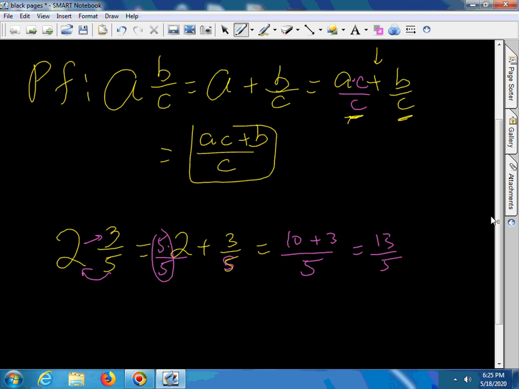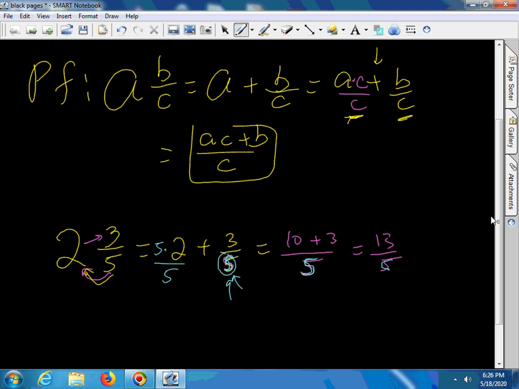But let's look at this a little bit more closely. Whatever number is here stays as the denominator. You have 2 plus 3/5. Now, let me just erase this because of that purple marker. Now, the rule says that you multiply the 5 by the 2. Well, yes, you do. Because in getting a common denominator, it's going to be whatever that number is over itself.